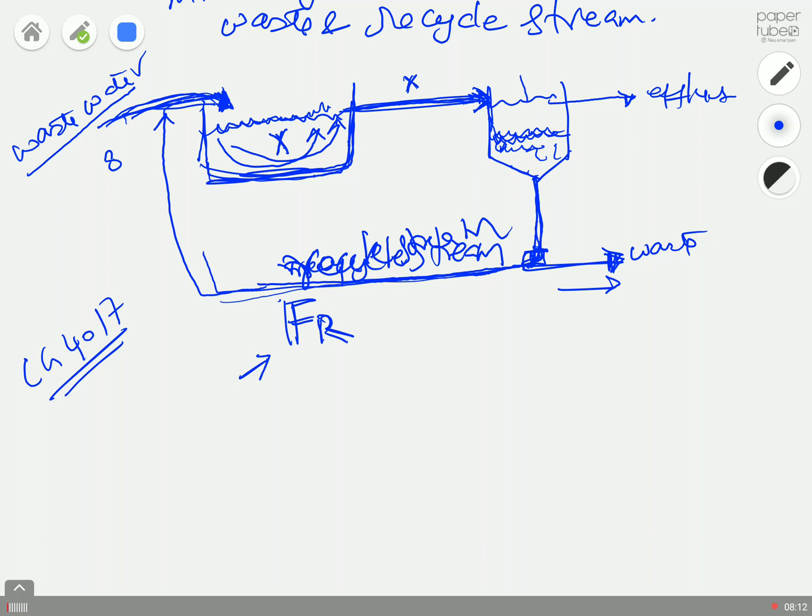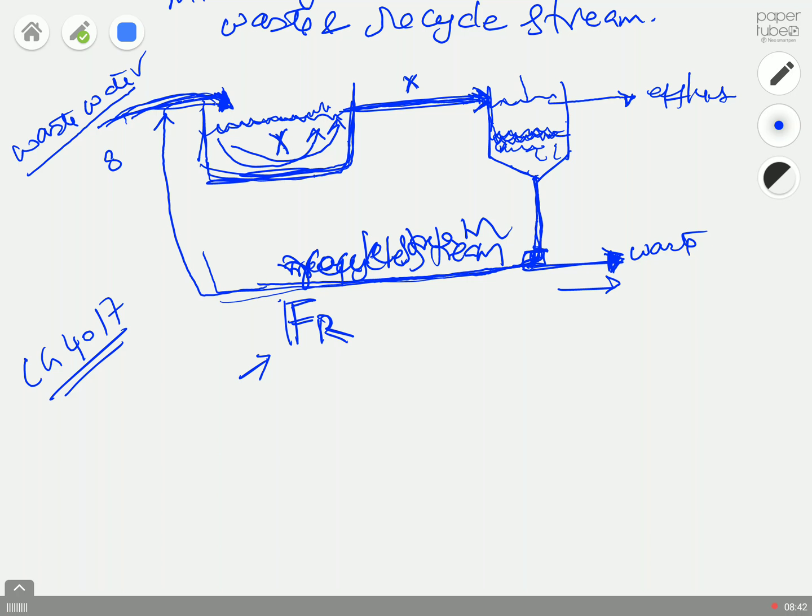Then you take the microorganisms outside to a sedimentation tank, so that you can concentrate your microbial concentration at the bottom, and then you recycle a part of that stream from the sedimentation tank back into your main tank, and you remove the rest of your cells, or the sludge, as waste.